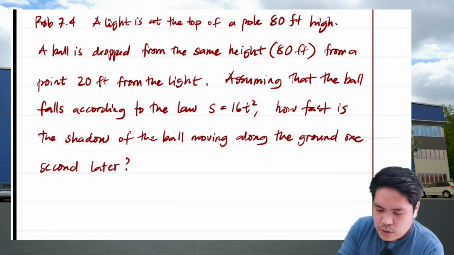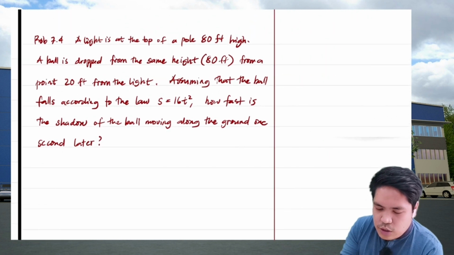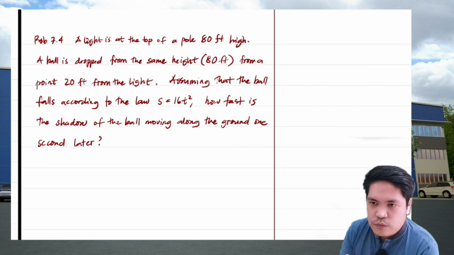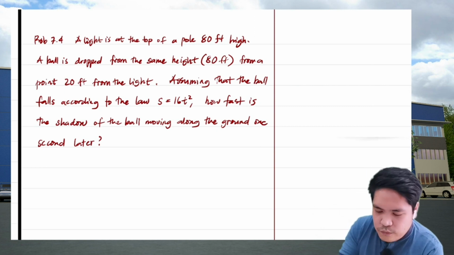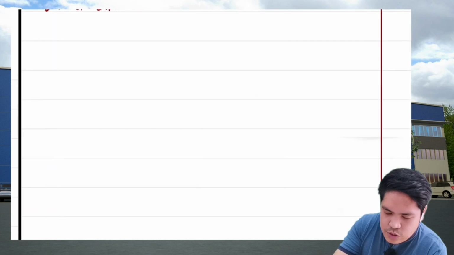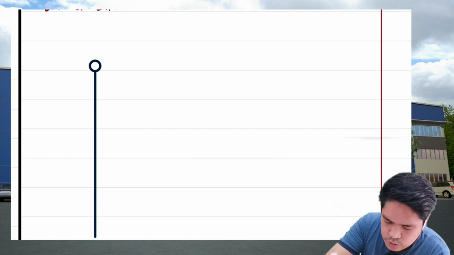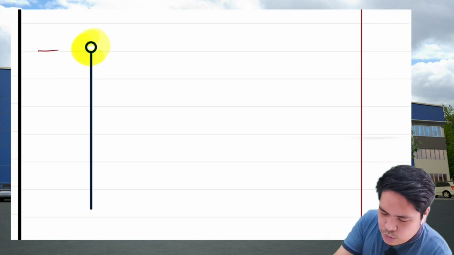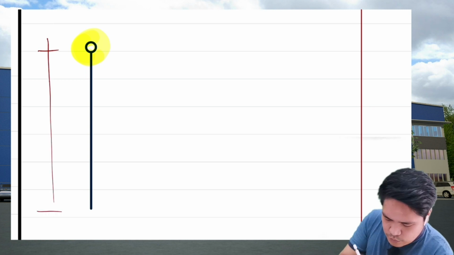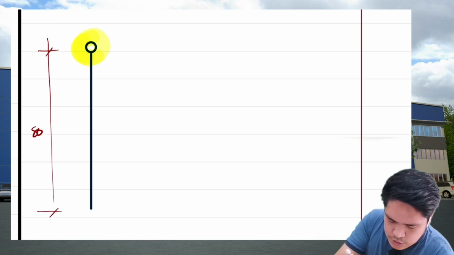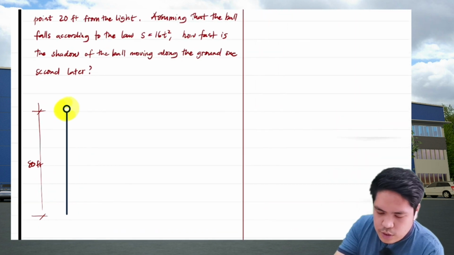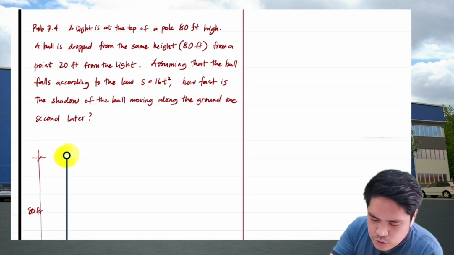Okay? So, illustrate natin yung problem. First we have a light pole with a height of 80 feet. Okay, so drawing muna natin yung pole. Let's say this is the pole and the height of this is 80 feet. Okay? Then, sabi dito, a ball is dropped from the same height.